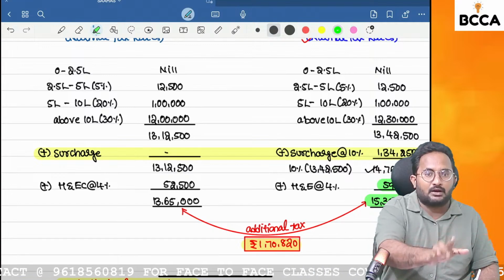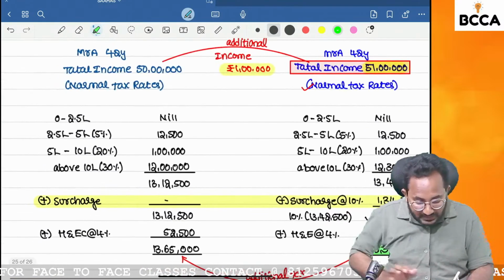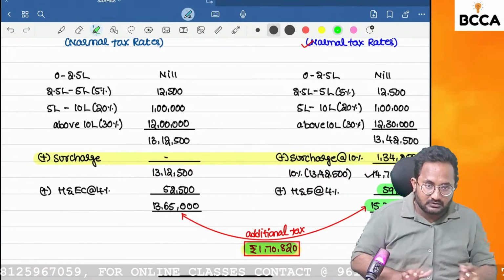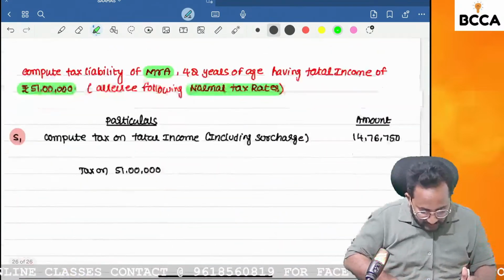That is unreasonable because for more than 1 lakh additional income, I am paying that much tax. So that's why this is not correct. That's why we are following this format.